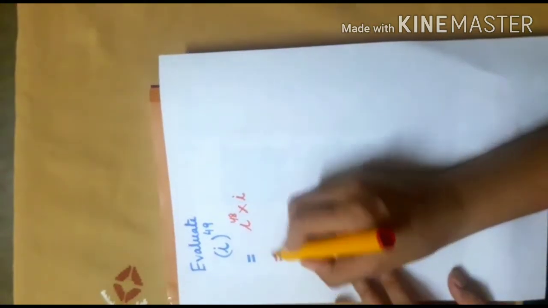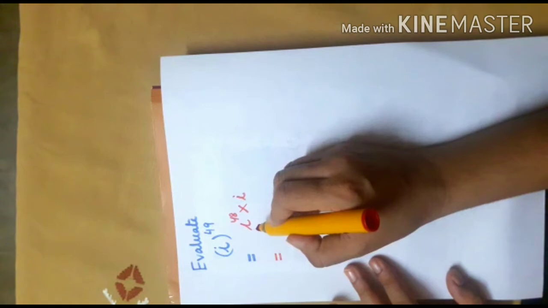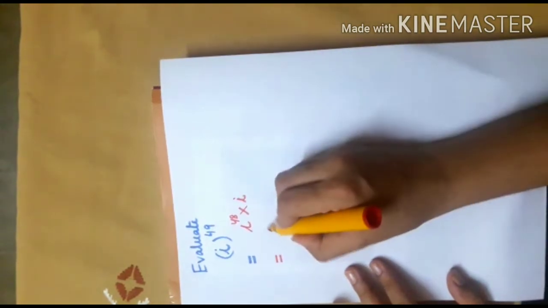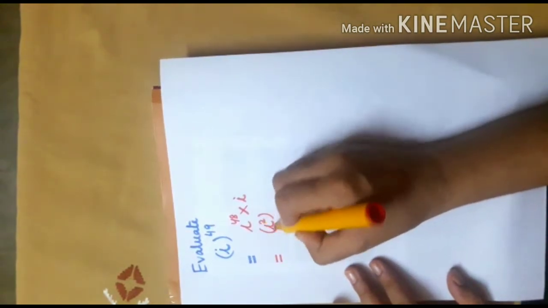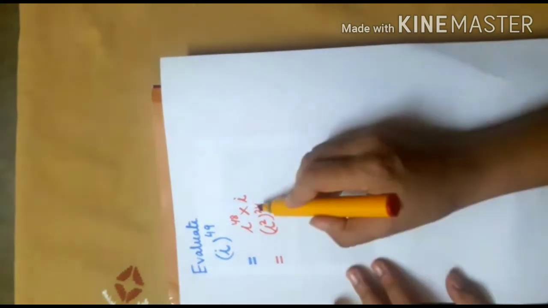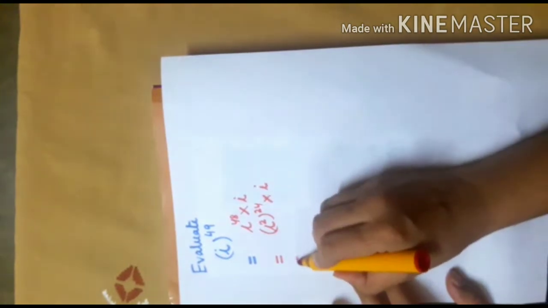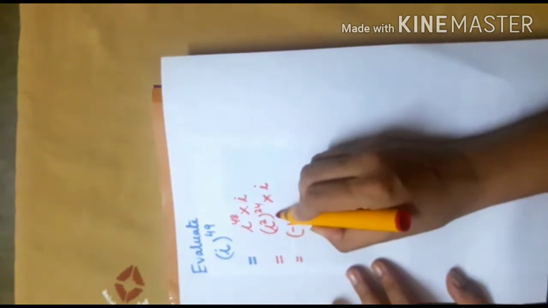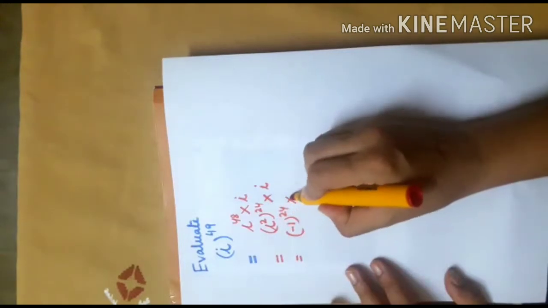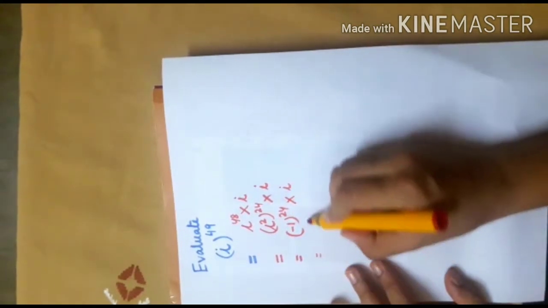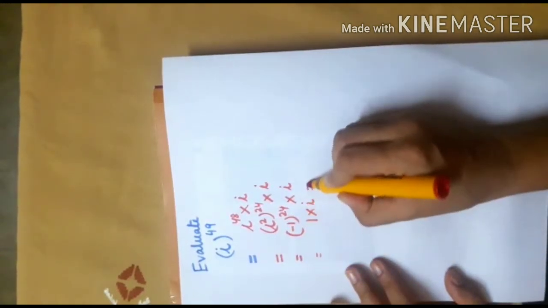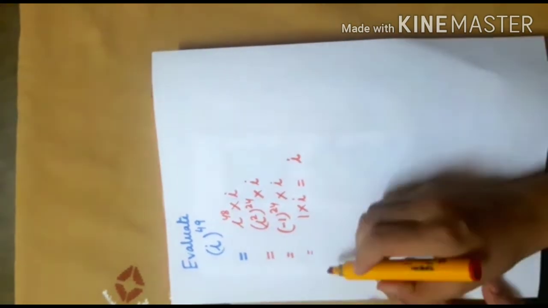Right? Now 48 is divisible by 2. So it can be written as iota square raised to the power 24, because 24 2s are 48, into iota. Now iota square is minus 1 raised to the power 24 into iota. This is 1 into iota. It is equal to iota, right?